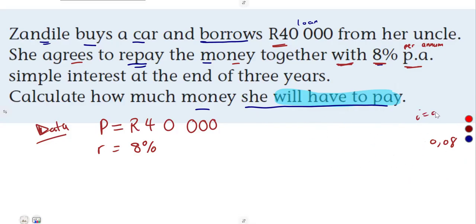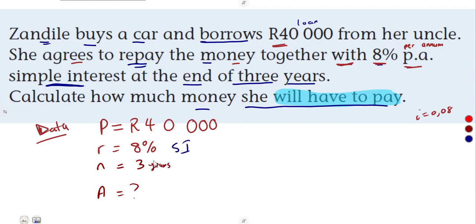It's simple interest, at the end of 3 years. The number of years, N is equal to 3. So the question is calculate how much she will have to pay. What is the accumulated amount?